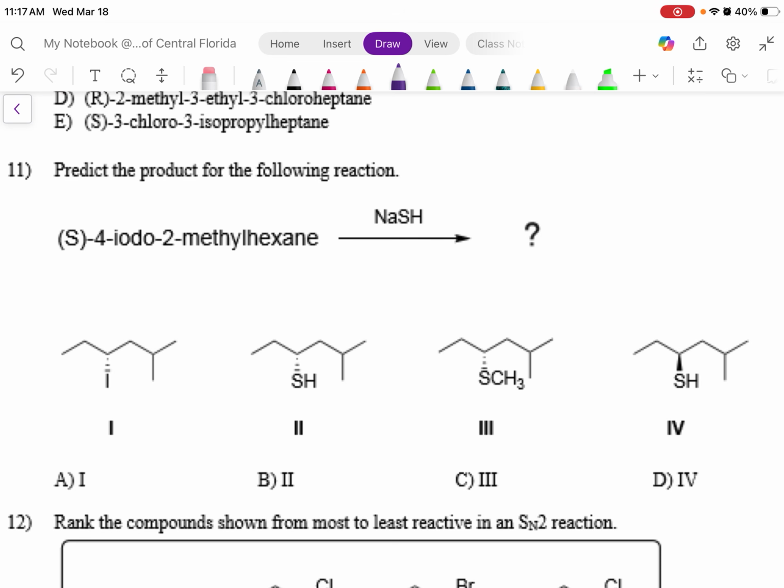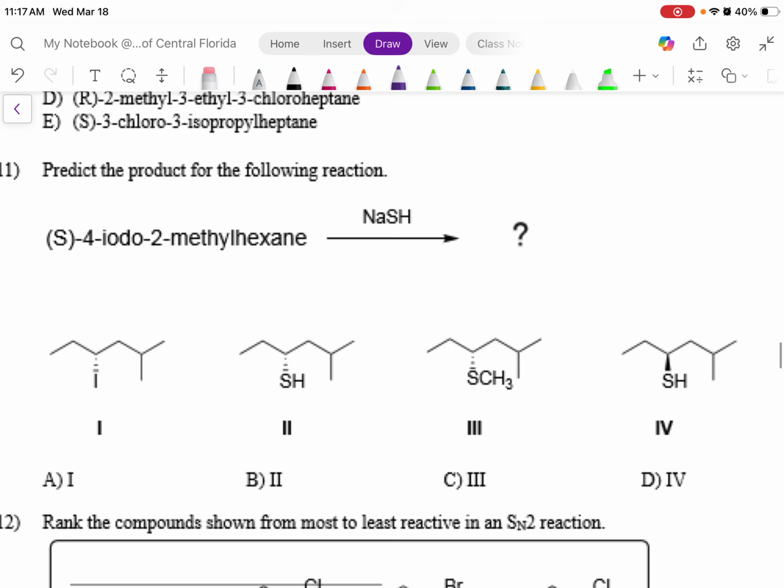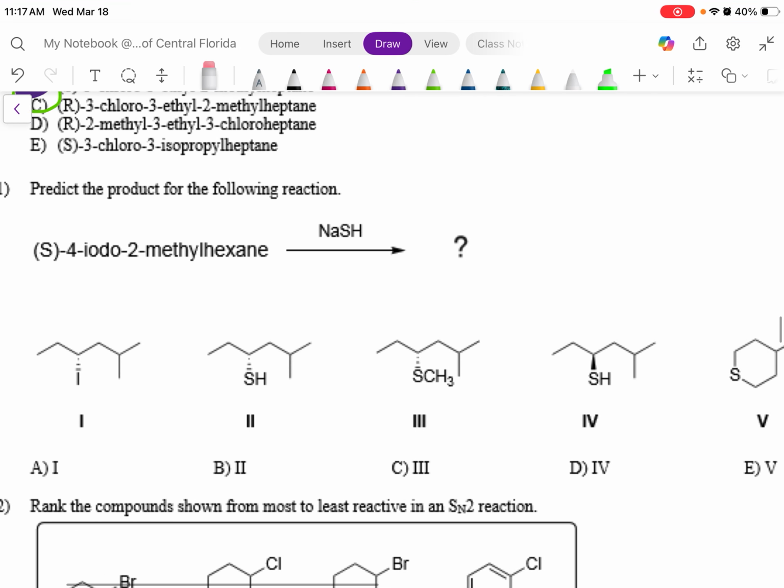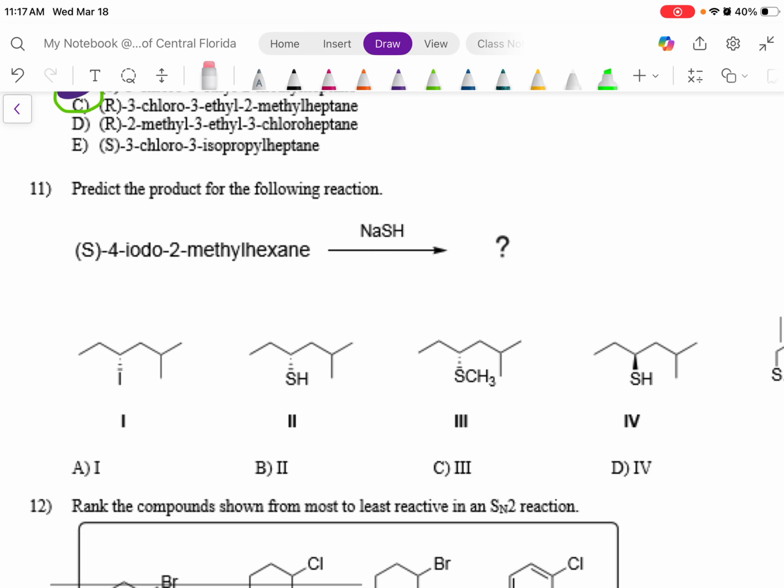Question 11. First, we need to understand what kind of reaction is happening here. And so I like to draw that compound right there. I look at the answers briefly and see that the carbon chain is written the same way for the first 3 or 4 problems, so I'm going to just go with that. Okay, 1, 2, 3, 4, 5, 6.